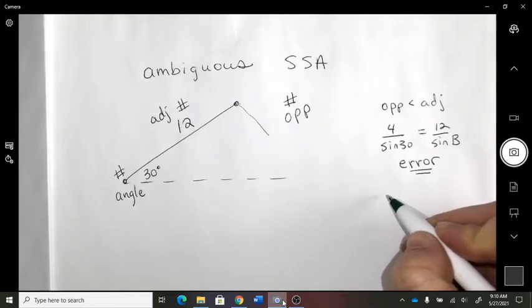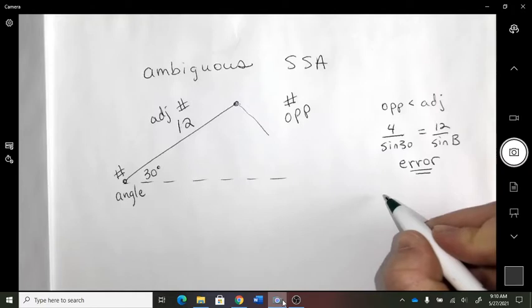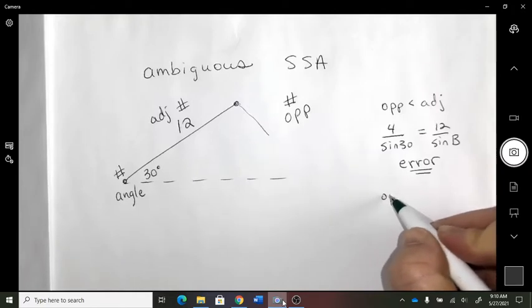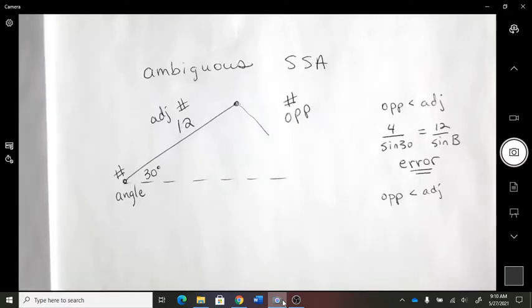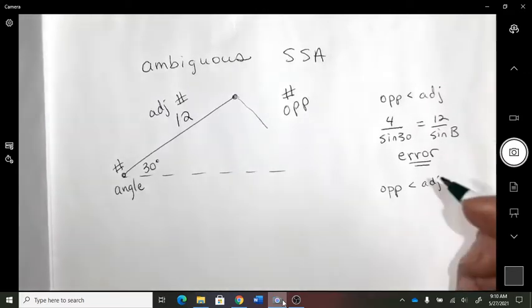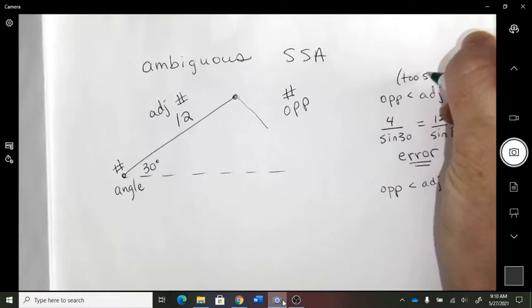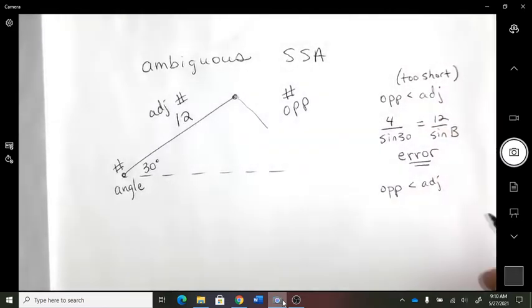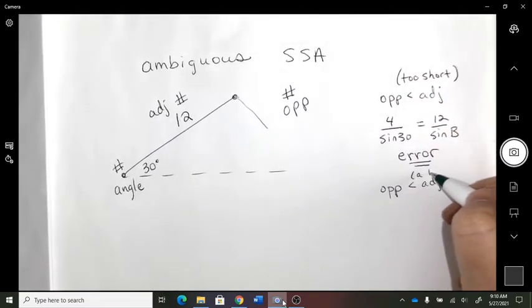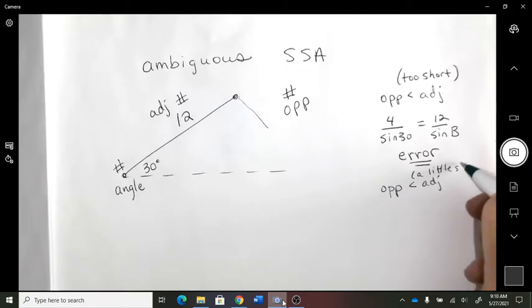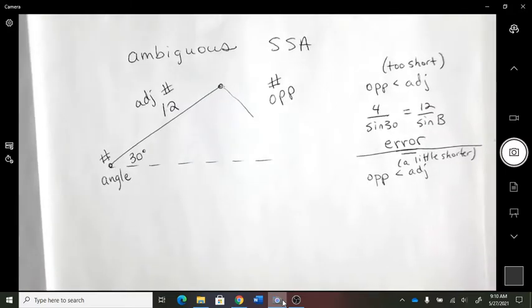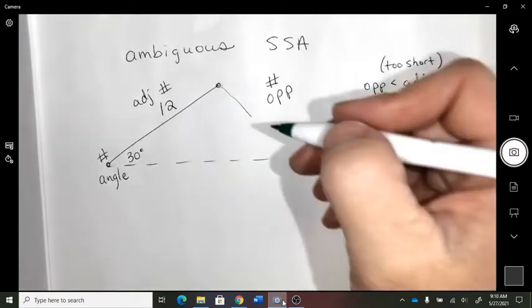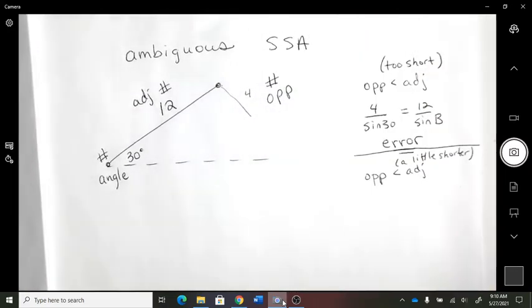Okay, then we might have the opposite side is shorter than the adjacent. So this first case was too short. Maybe we'll call this a little bit shorter. So something like 11 or 10.